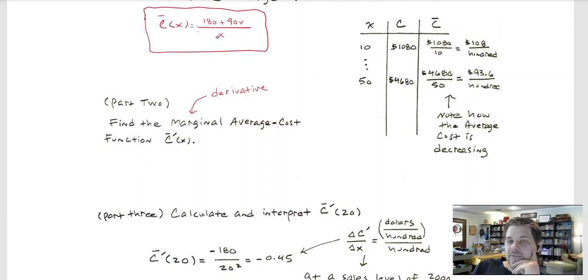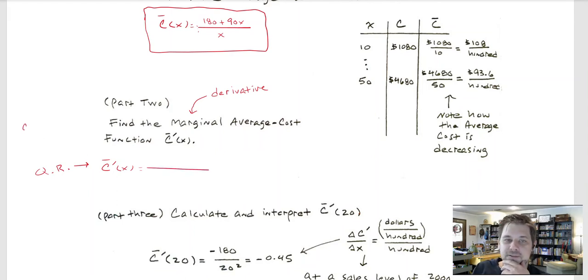So I'll take the derivative of this, and in order to find C bar prime, I would have to use the quotient rule. Okay? So the quotient rule, QR for quotient rule, because it's one function divided by another. It's 180 plus 90x divided by x. Okay, so our quotient rule looks like this.